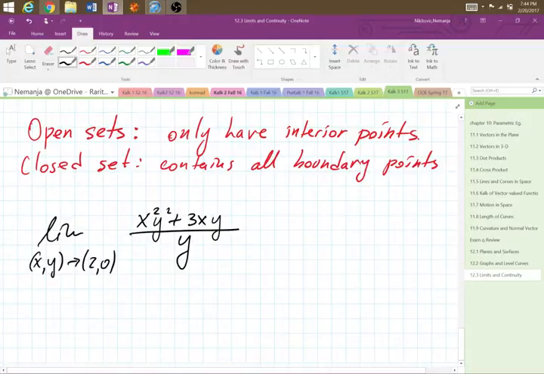In this case, not a problem. You can factor out y. It will cancel the denominator, and then we can just plug in.